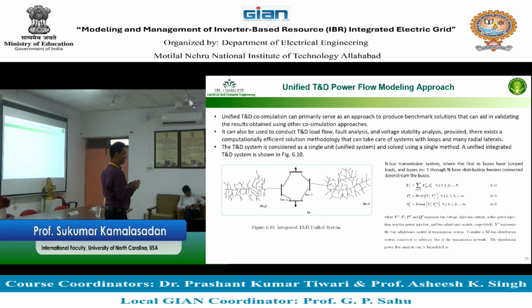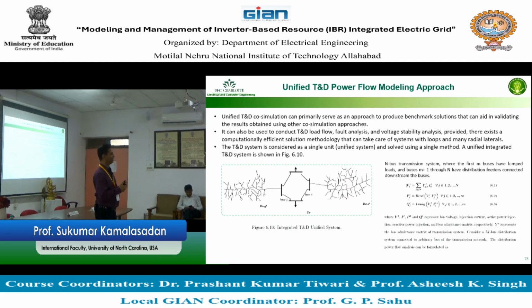So without having a network, you cannot solve anything. That network development is required. Now let us look at it. If you are coupling two power systems, meaning you are making a unified distribution system and transmission system, what do you have to do? You have to make one single impedance matrix connecting the distribution system and transmission system.